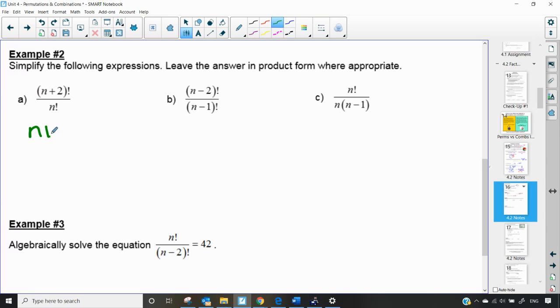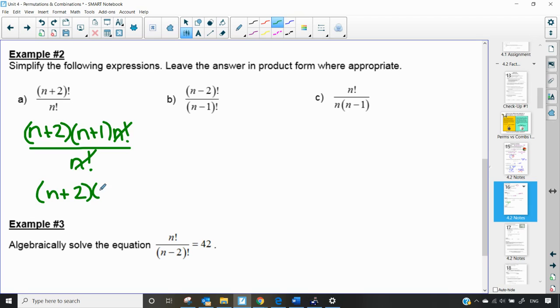We're going to break down the n plus 2 until it matches our denominator. So n plus 2, 1 less is n plus 1, 1 less is n plus 0, which is n factorial. And on the bottom, I've got n factorial. Those can disappear, and that leaves me with n plus 2 times n plus 1. Now, you certainly can multiply this out, but for the purposes of this question, we're just going to leave everything in product form.